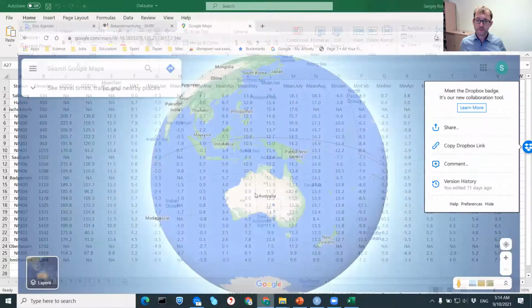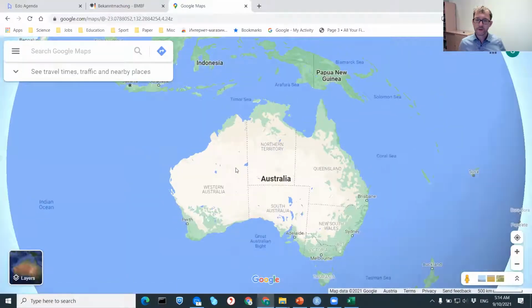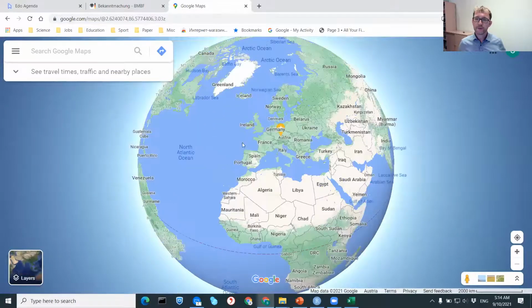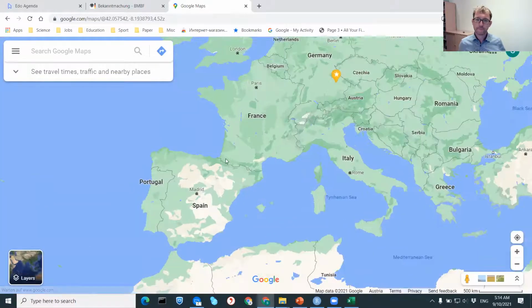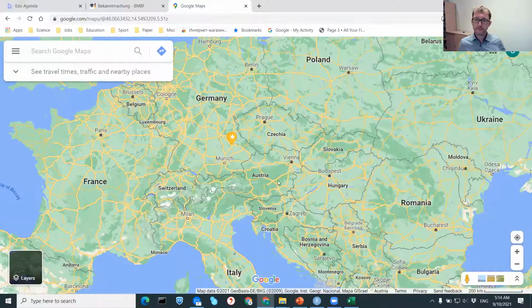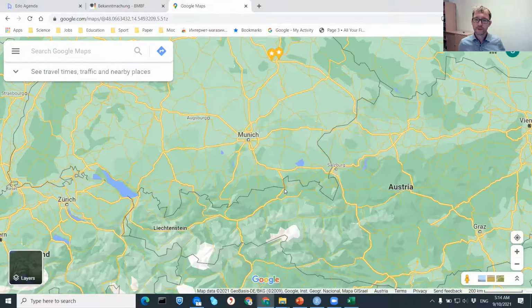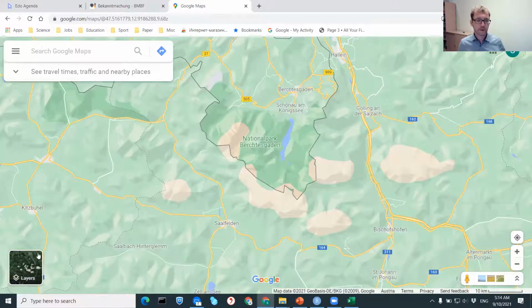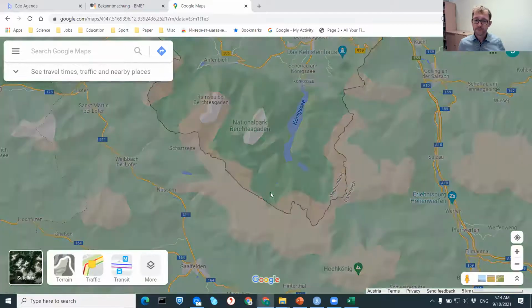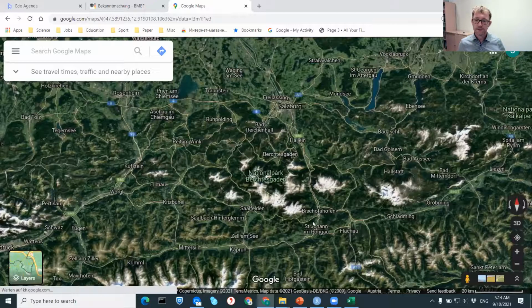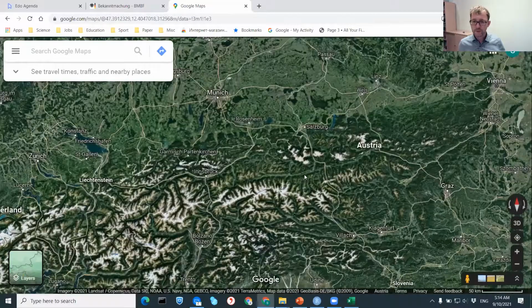Well, this is the wonderful Australia, where most of you are right now. I'm based in Germany, in so-called Europe, and here in the very southeast of the country, there is a national park, Berchtesgaden. Here we can see the so-called Bavarian Alps as a part of the big alpine mountain ridge.